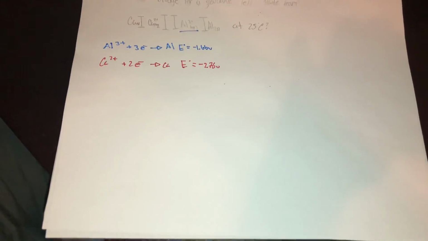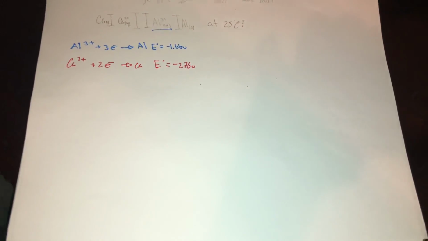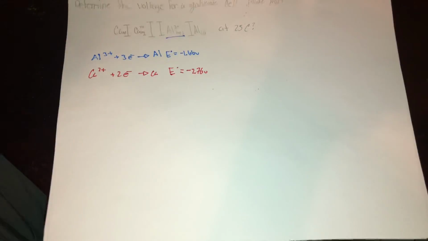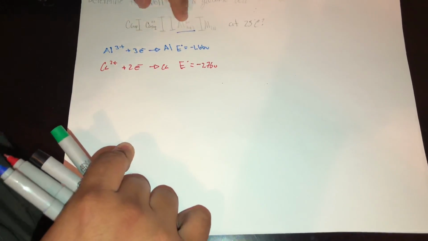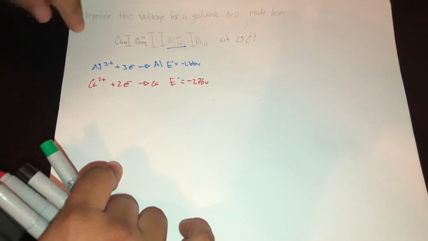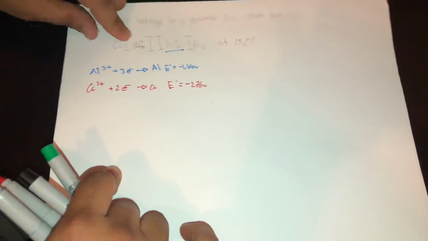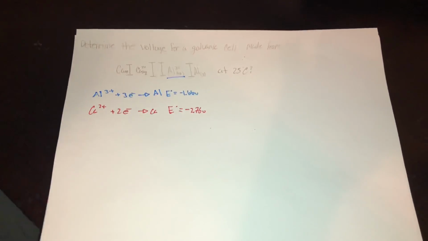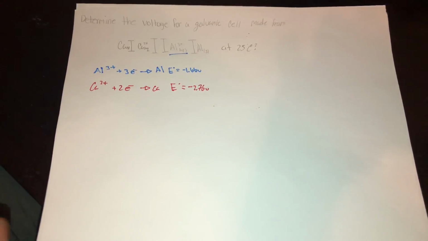After you do that, all you have to do is figure out if the half reactions are correct. Al3+ is going from Al3+ to Al, so this one is correct. But the bottom one starts at Ca and goes to Ca2+, so you have to flip it around.